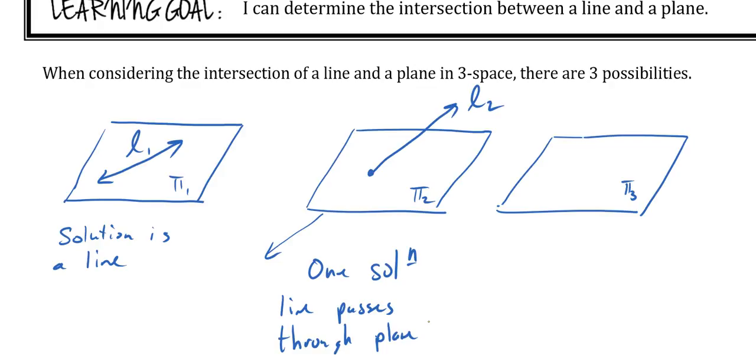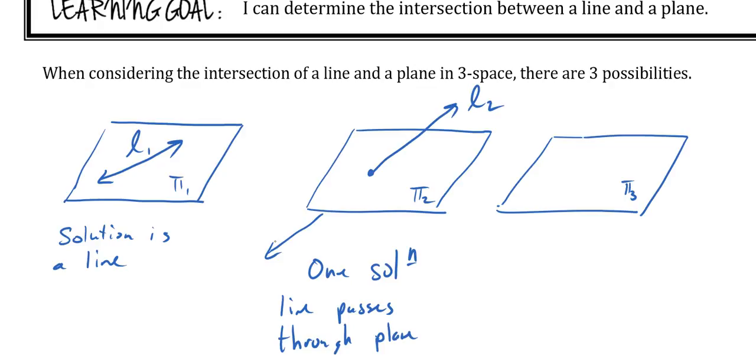Whether it passes through at a right angle or not, that would be something you might talk about. You might talk about the angle between the line and the plane. But if we're looking at solving the system, we don't possibly care about the angle, so whether it's at a right angle or not maybe doesn't matter, right? We're just looking for the point where they cross.